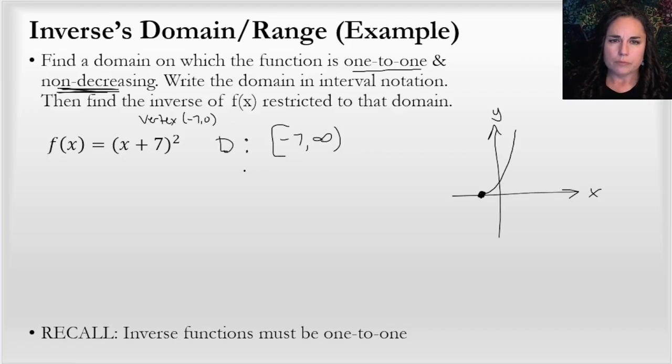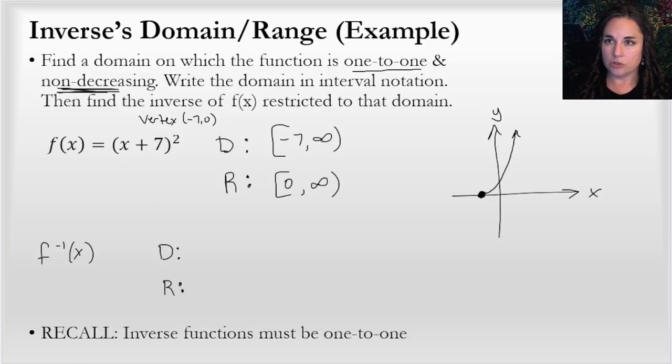All right. I'm going to note the range for the original function. The range looks like it can equal 0 or greater, right? It starts here at value 0, and then it keeps going up and up. So that's the range. So when I look at f^-1(x), I'm just going to do the domain and range, not the equation.